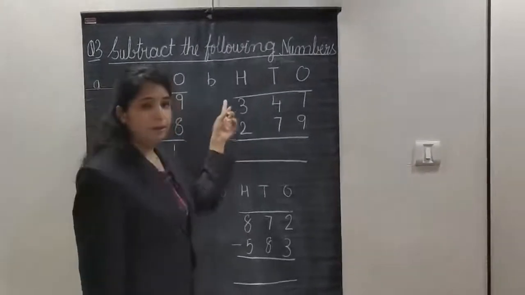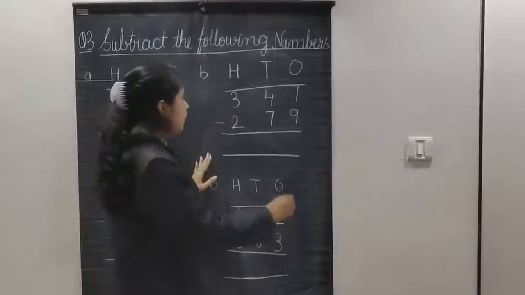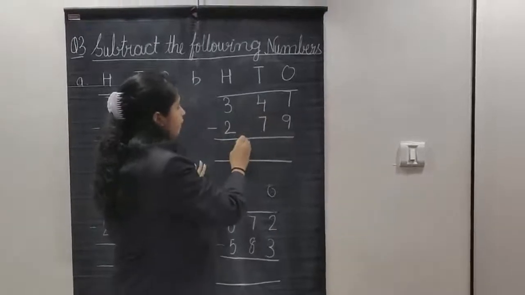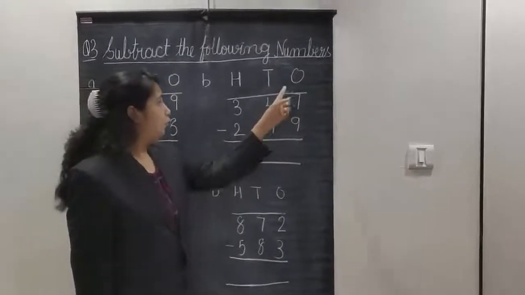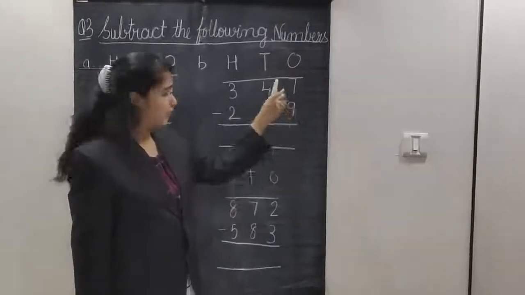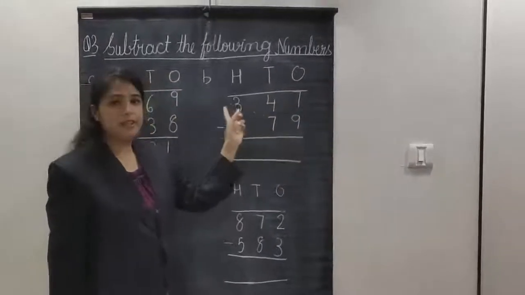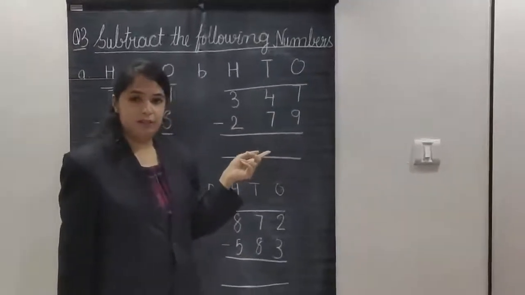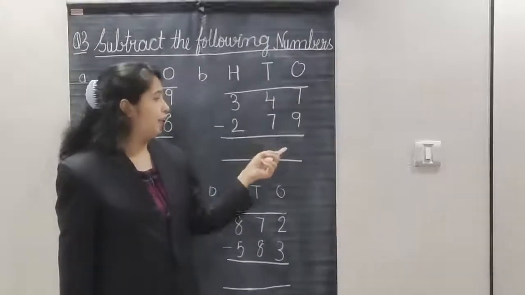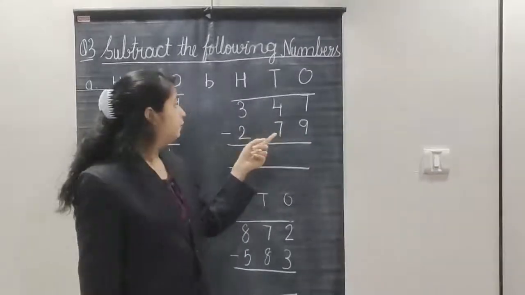Now moving to sum number B. 347 minus 279. Step 1, always start with the ones place, then tens and then hundreds. So 7 minus 9. Can we do it? No, as the downside number is bigger.